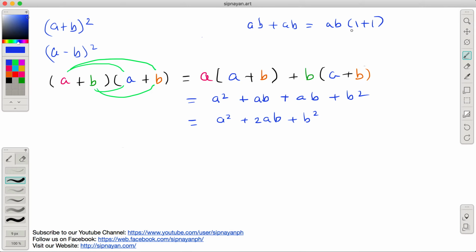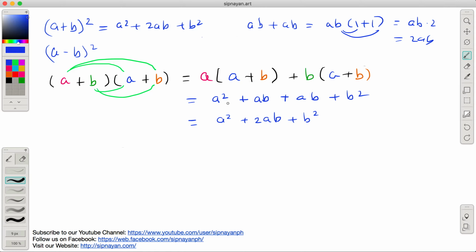So, pag finactor out natin, 1 plus 1 matitira. Notice that pag binalik ko yan, AB plus AB. So, this is equal to AB times 2, which is equal to 2AB. Ayan, no? So, ibig sabihin, A squared plus 2AB plus B squared is equal to a plus b squared.